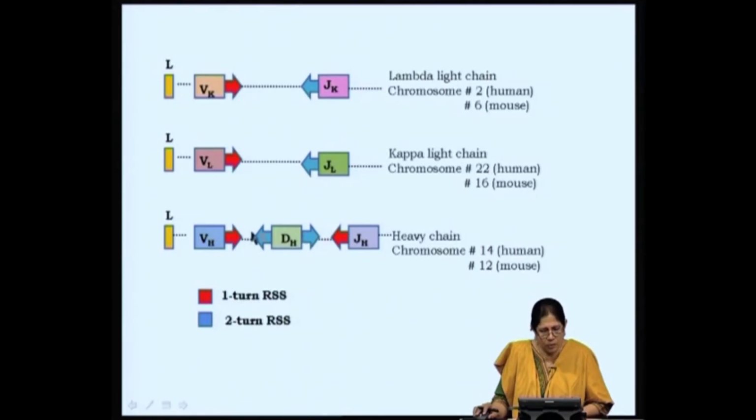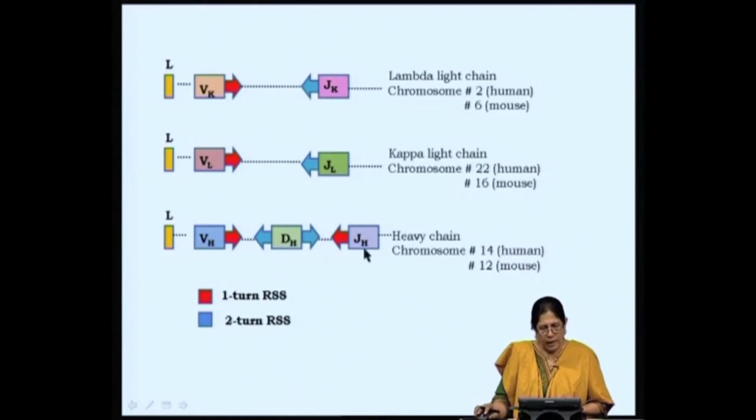When people sequenced these genes closely and examined them, they found that the D gene segment has RSS on both sides and the RSS are identical. Therefore, what I have shown here is the RSS in blue, which would mean D has two turn RSS on both sides, that is 3 prime side as well as 5 prime side.